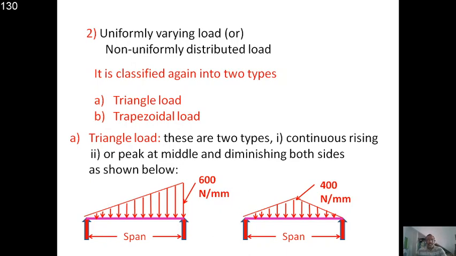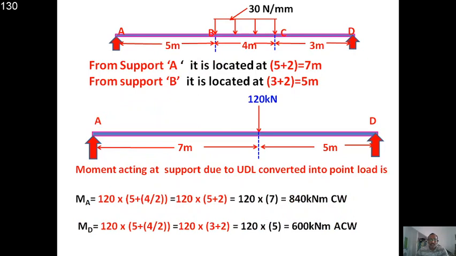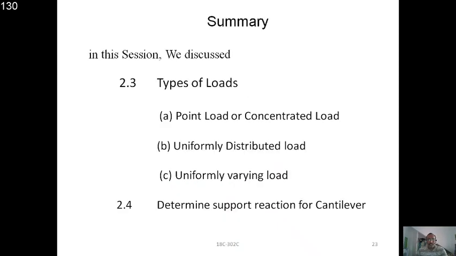We will continue the same session in the upcoming session, to understand it in a better way, we will conclude it in another session, right. Yes. Today we learned about the point load or concentrated load, and how to convert the uniformly distributed load into a point load, and how to take the moments, right. Thank you.